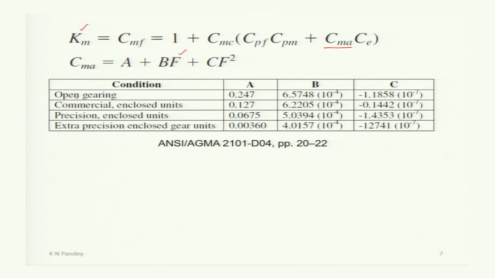If open gearing is there, then A is given by the first row values. If it is commercial enclosed units, then the second row. If it is precision enclosed units, the third one, and if extra precision enclosed gear units, then this one. This is as per ANSI/AGMA 2101-D04, pages 20 to 22.